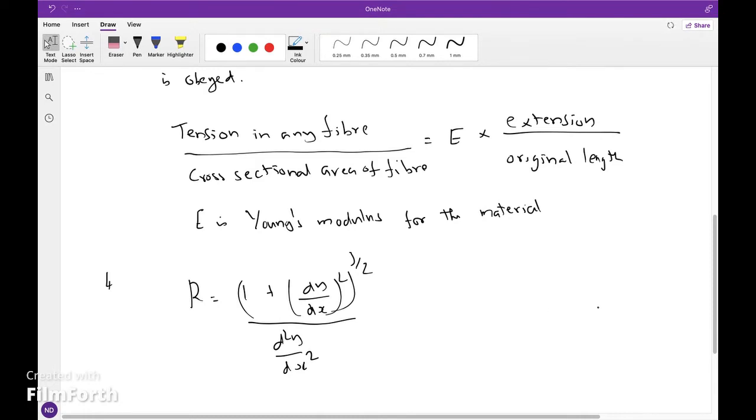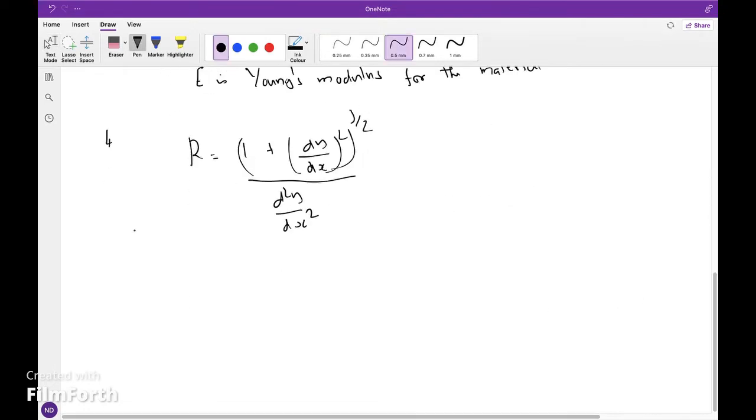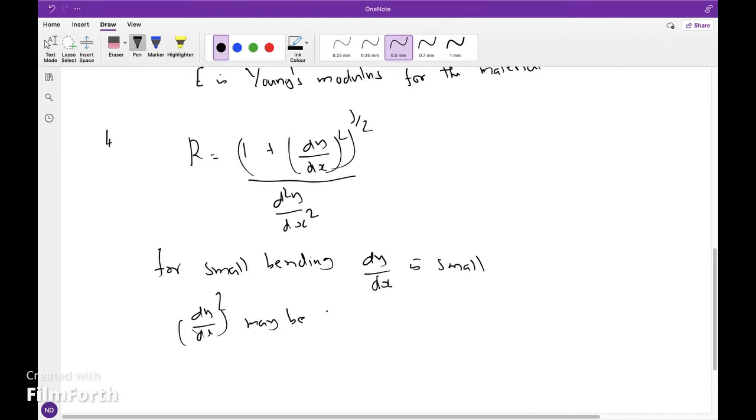For small bending, dy by dx is small. Therefore, (dy by dx) squared may be neglected. Therefore, R is equal to 1 divided by d squared y by dx squared.